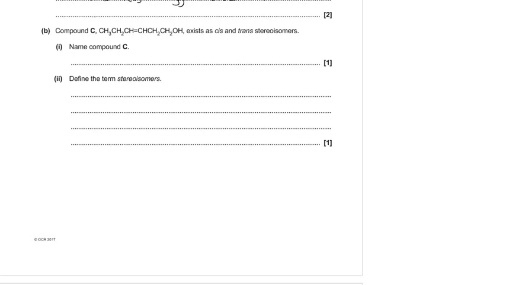For the time being, that's not as important as the question part 1, which is name compound C. Now, to name this compound, what we're going to need to do is figure out, first of all, what the functional groups are, and also how many carbons are present. So we should immediately be able to see that we've got 2 functional groups here. We've got a double bond, and we also have an OH. And that should tell us that this is an enol.